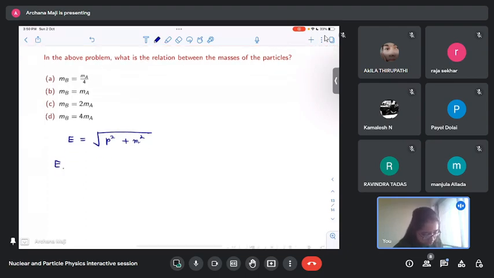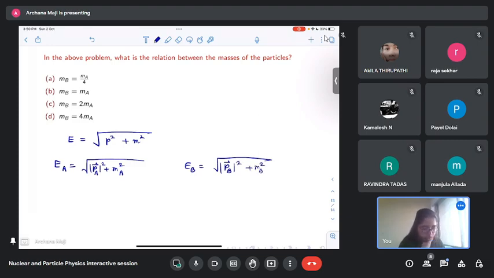So EA will be equal to square root of PA square plus MA square, and EB is square root of the magnitude of the momentum square plus MB square.